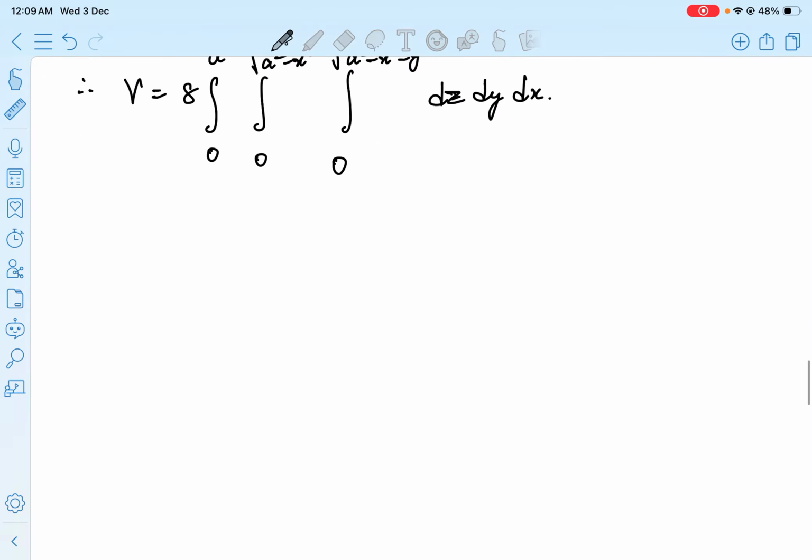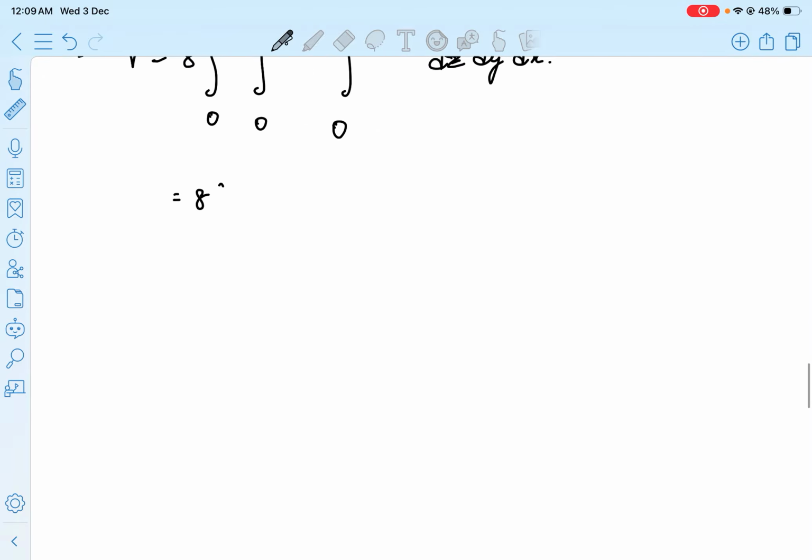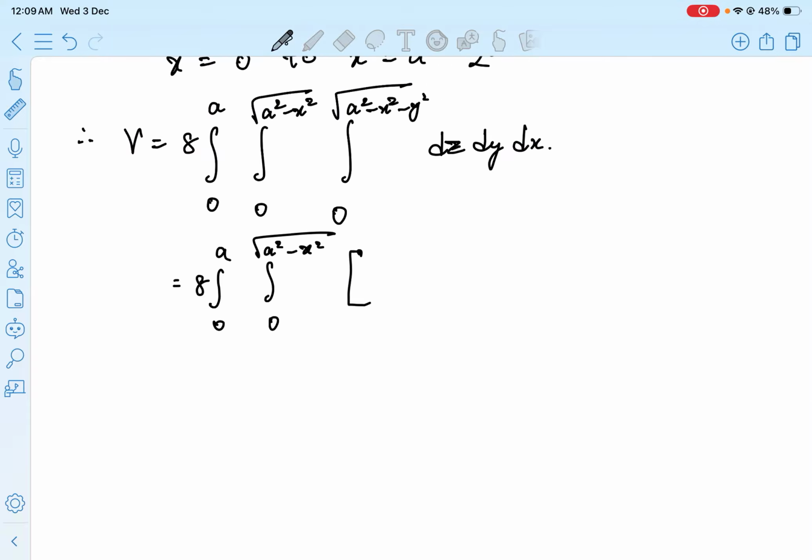Okay, equal to 8 integral 0 to a integral 0 to root of a square minus x square into, there is no z in this integral, so this integral belongs to our dz. So integrating with respect to z, it will become z from 0 to z equal to root of a square minus x square minus y square, dy dx.